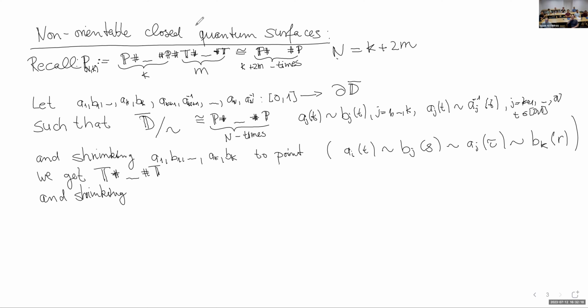And shrinking all these arcs that come with an inverse orientation in the same way. The point is that only these A's with minus 1 as a superscript have opposite orientation, and B's have the same orientation. That's important. The orientation matters for my classification.